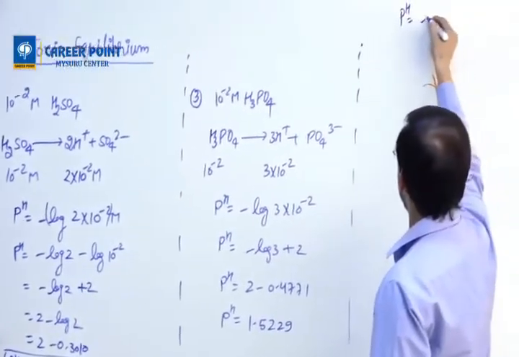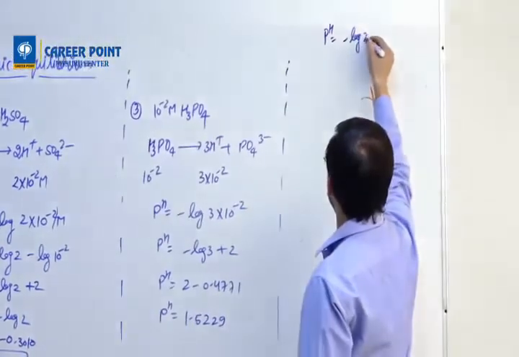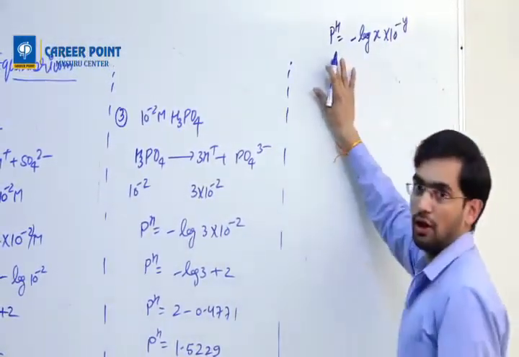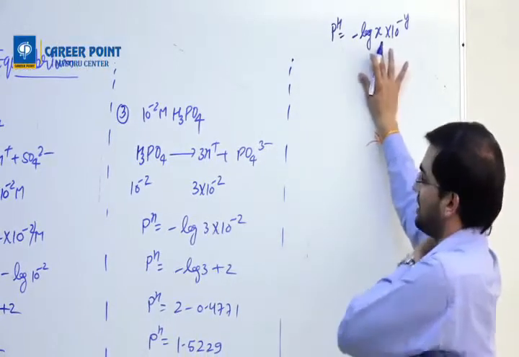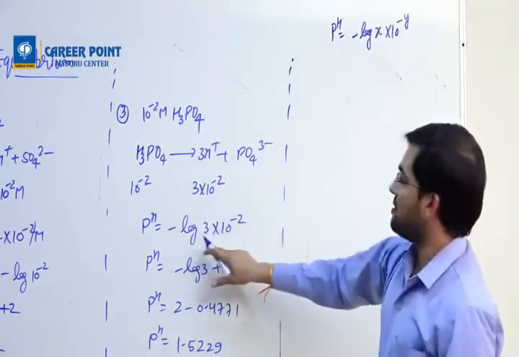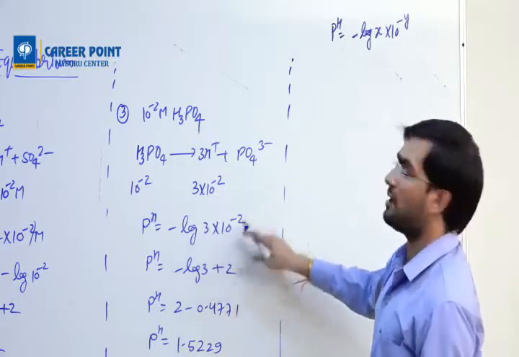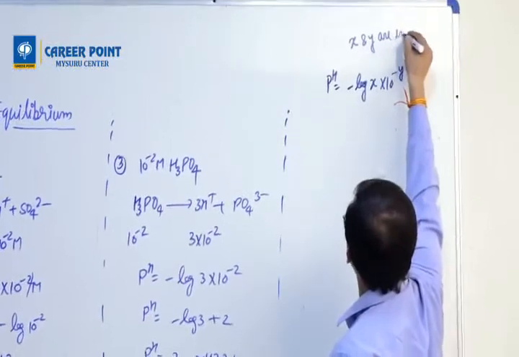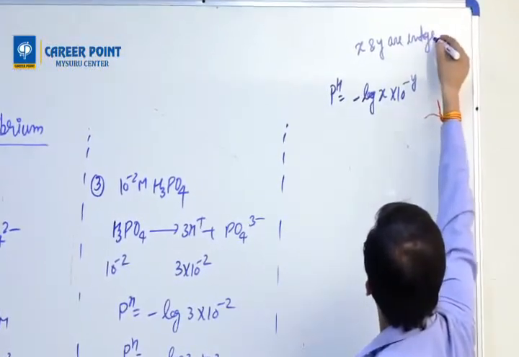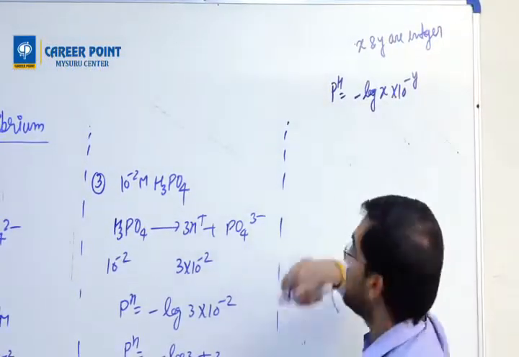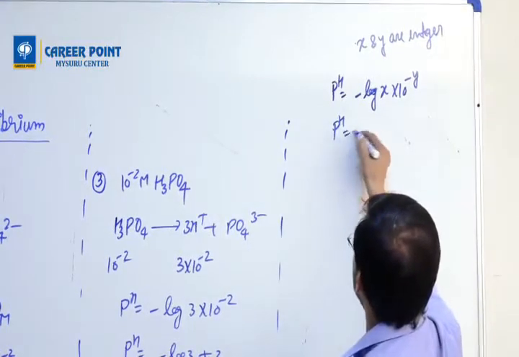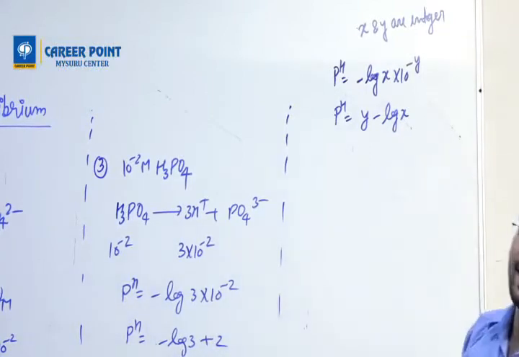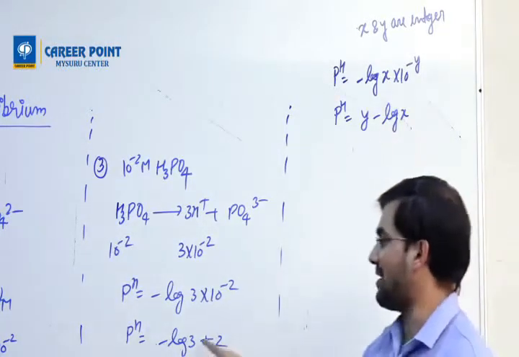If pH equals minus log of x into 10 power minus y, provided x and y are integers, then directly you can write pH equals y minus log x.